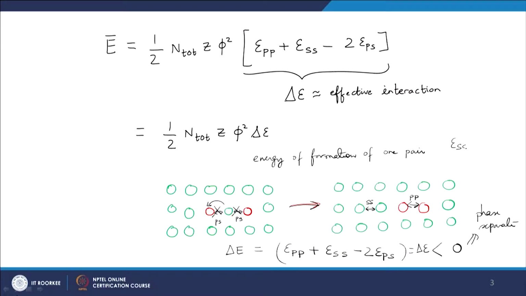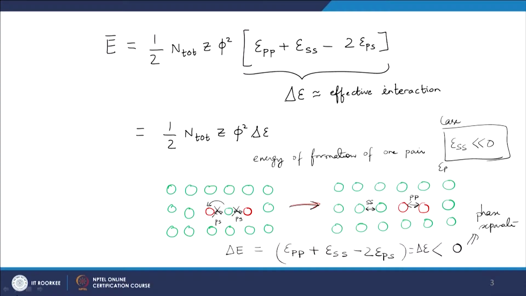So, what happens, for instance, if epsilon SS is very negative, and let us say epsilon PP is 0 and epsilon PS is also 0 or close to 0? Although the solute does not interact with the solvent and there is no interaction between solutes, even then we can have phase separation, because the solvent likes itself much more.